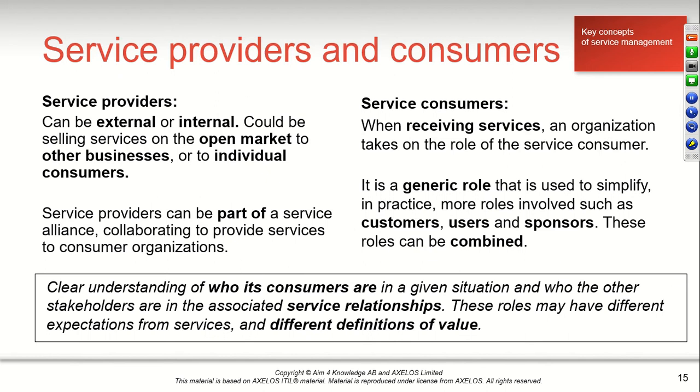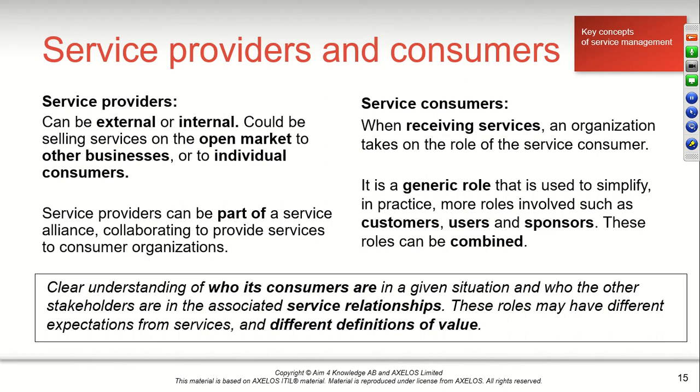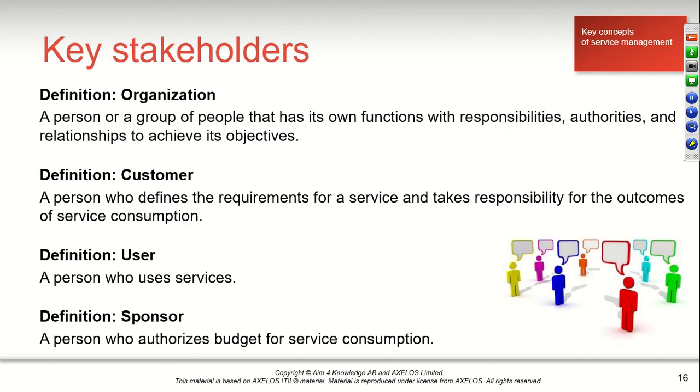And then there's a relationship between both of them. So we have a service relationship between the provider and the consumer, and this relationship also is expected to provide value. So who are stakeholders? We said value can be subjective, depending on different stakeholders, because value is also about perception.